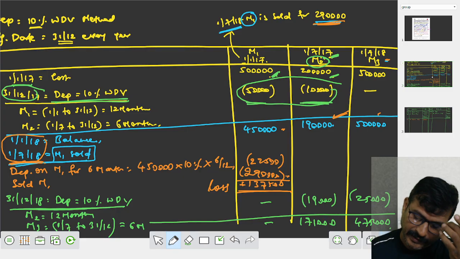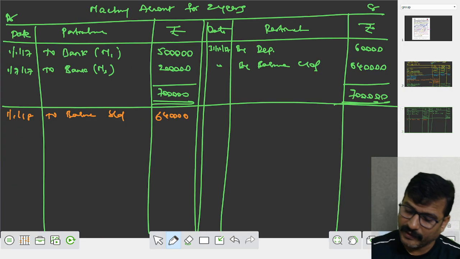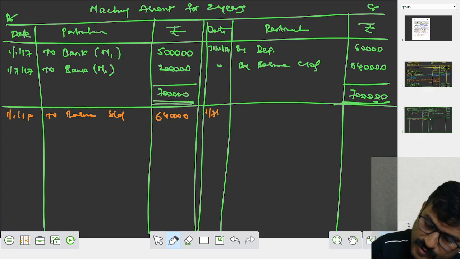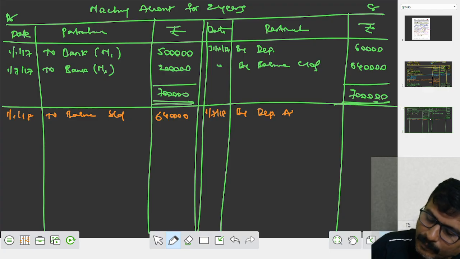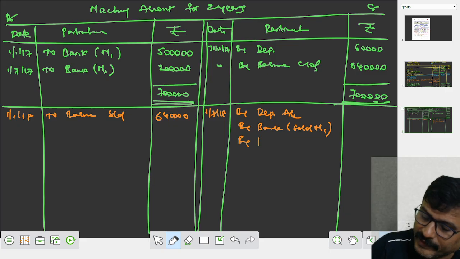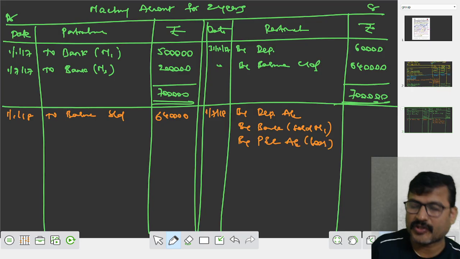On July 18, M1 is sold. When? On 1st July 18, when M1 is sold, by depreciation account, by bank as sold M1, there is a loss, by P&L account loss.